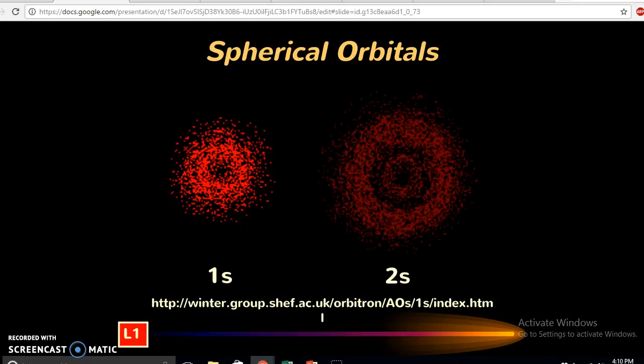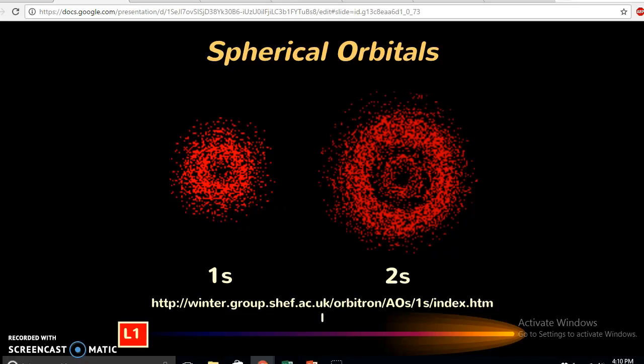Looking then at the 2s orbital, as you can see, it circles around the 1s orbital. It shows where the electrons would be. Kind of like the Bohr diagrams, how the second ring goes around the first ring. We can think of the second steps of the orbitals as a little bit farther out, but forming a shape around the first one.